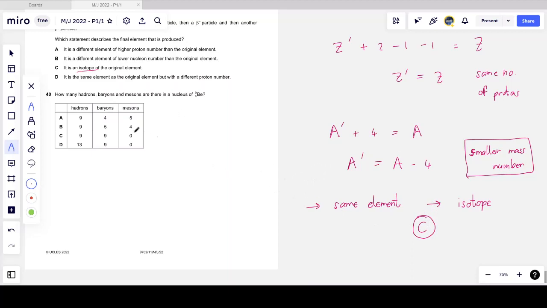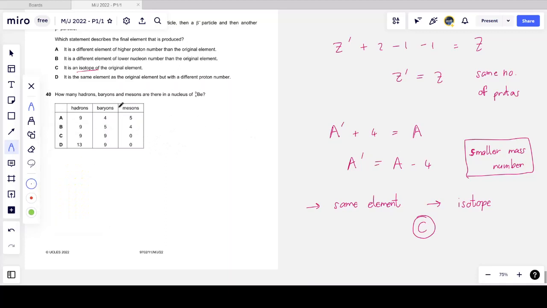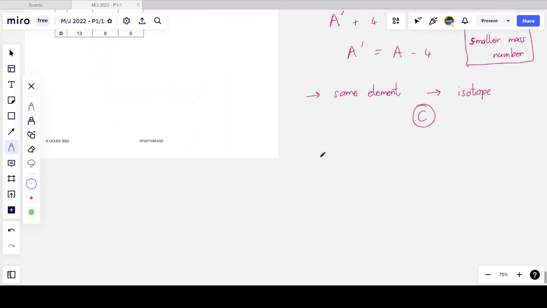Okay, lastly, we have question 40, bringing us to the end of this paper. How many hadrons, baryons, and mesons are there in a nucleus of beryllium-9? So let's look at beryllium-9. Beryllium-9, 4, has 4 protons.